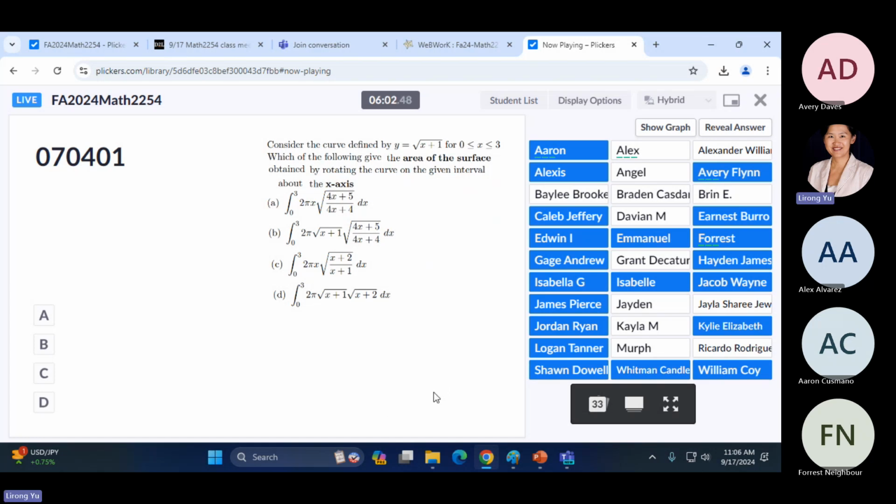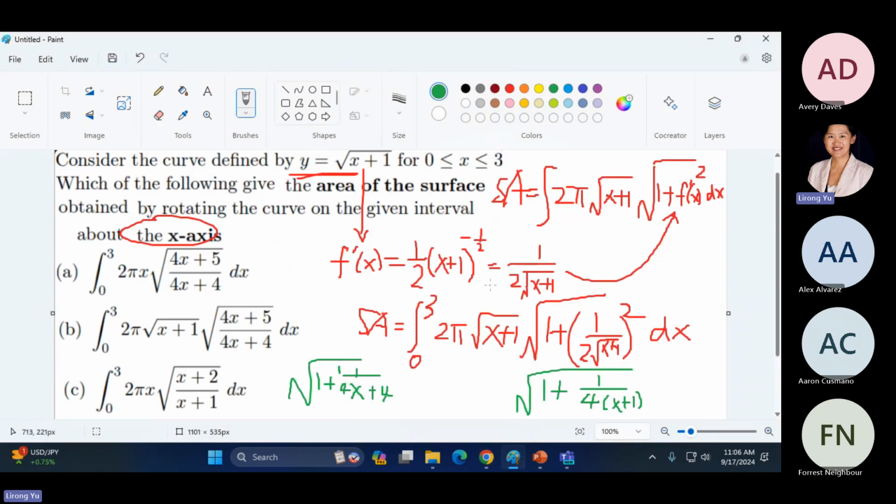Alex, Aaron, were you able to do the calculation? I believe this calculation will lead you to this. And then you can see the rest is the same. That's the one that's right.